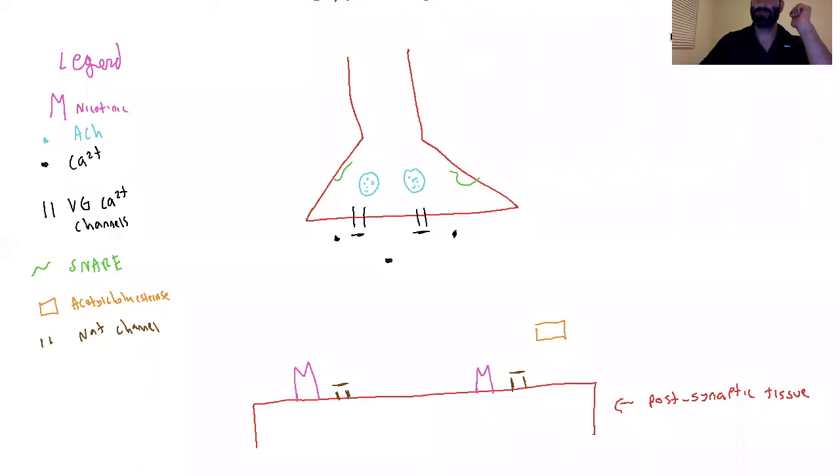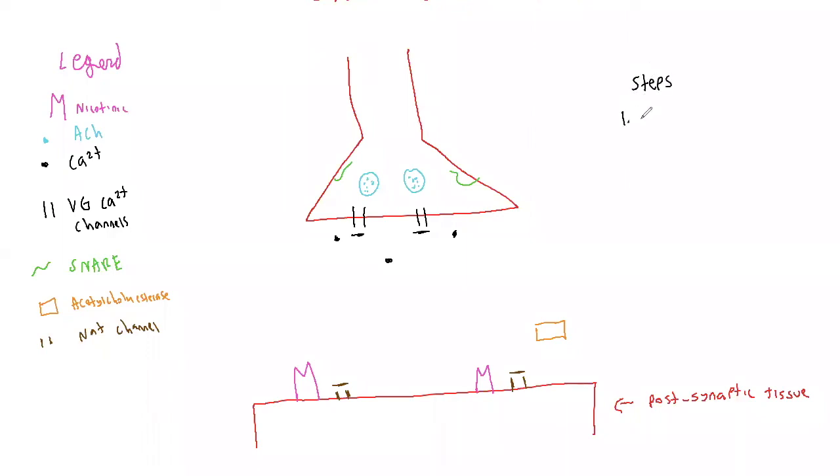And the steps are also on your outline, but I suggest you write them down because it is just a good habit. So, steps. Well, the first step is going to be the neuron is going to depolarize.